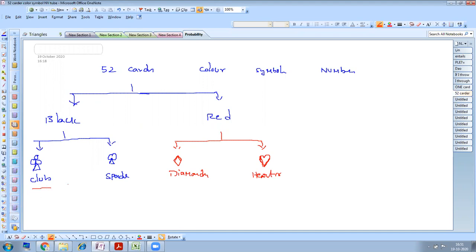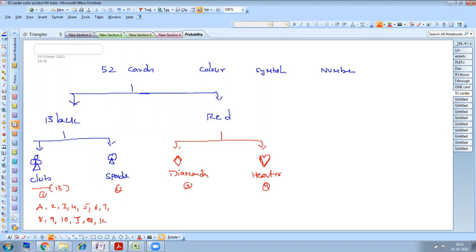Each of these is called set 1, set 2, set 3, set 4. The numbering will be common. Each set, from ace, 2, 3, 4, 5, 6, 7, 8, 9, 10, jack, queen, and king, gives a total of 13 cards.